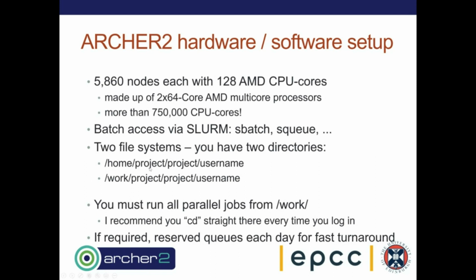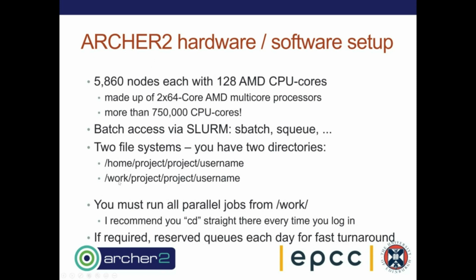When you get an account created on the system, you get given an account directory both on the home file system and the work file system. So in this example, if your project code is TA062, this would be /home/TA062/TA062, and then the username you've chosen.